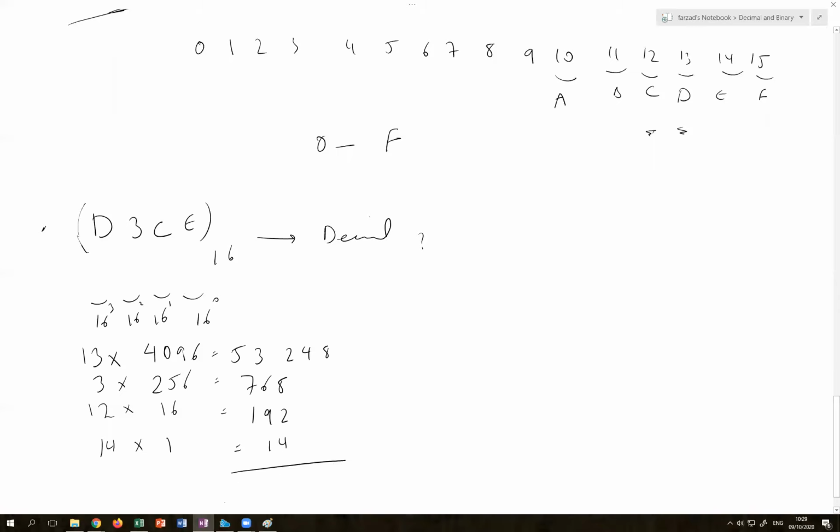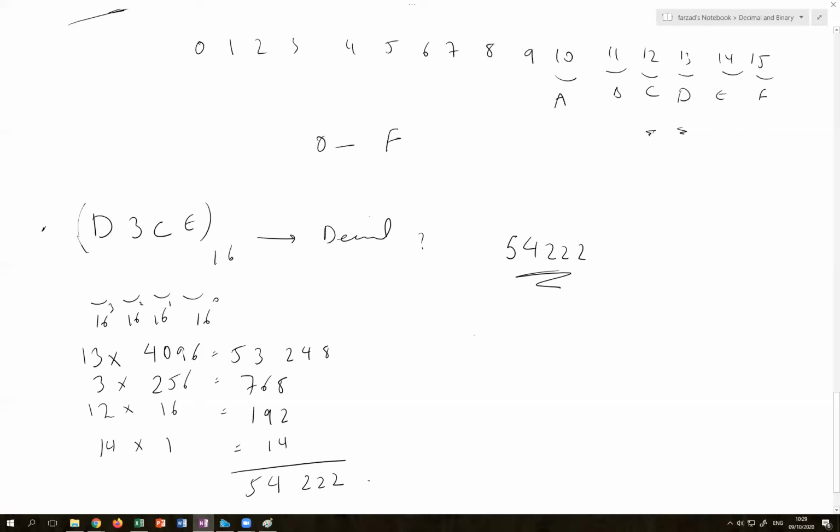If you add them, I believe that we get 54222. So guys, this number D3CE in hexa system is equal with 54222 in decimal.